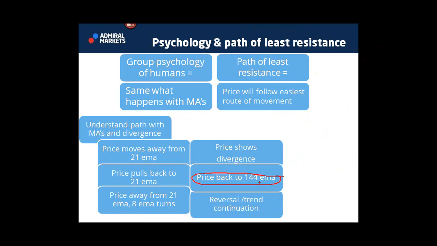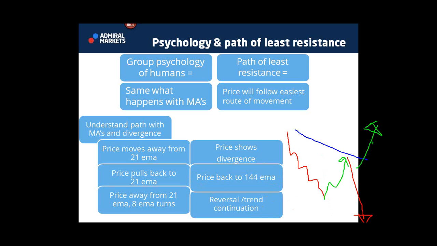And that depends. If this is an hourly chart, it depends on the 4-hour chart. If this is a 4-hour chart, that will depend on the daily chart. Whether we get a reversal or trend continuation really depends on the structure and context. Because, for instance, if on the 4-hour chart we see price falling in a downtrend nicely, and we see a correction, price going back to the 144 EMA, will this be a moment for downtrend continuation or a moment for a bigger reversal?